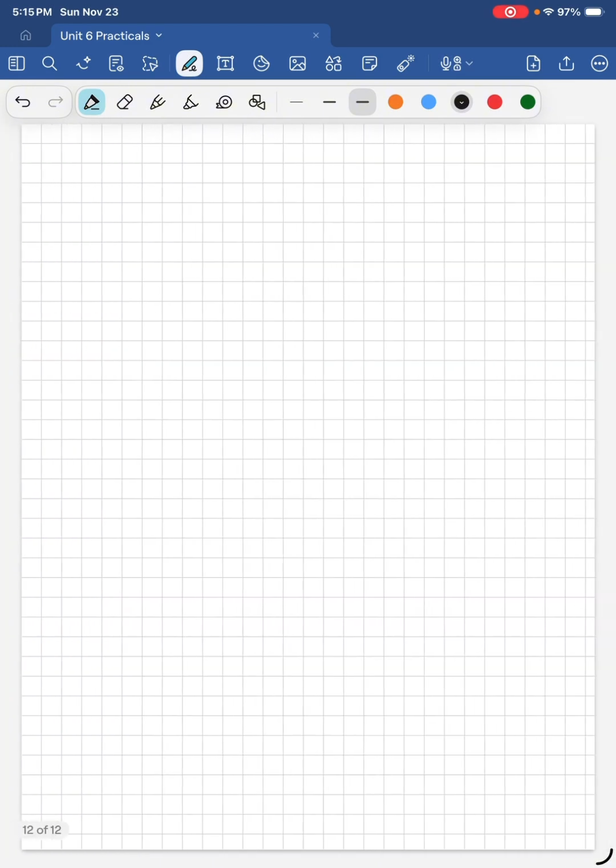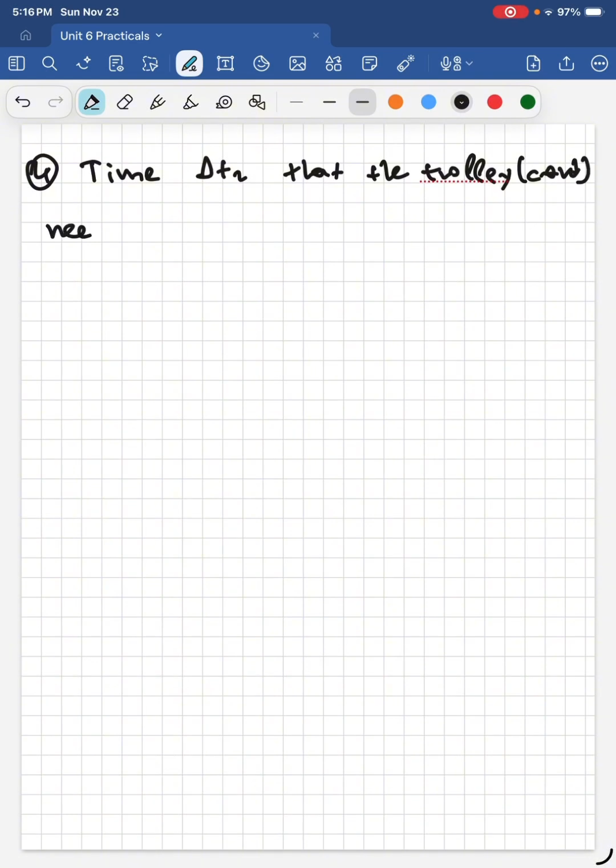And the fourth and final source of error in this experiment is, as you guessed, the time Δt₂ that the trolley, actually the cart, needs to go through the light gate.